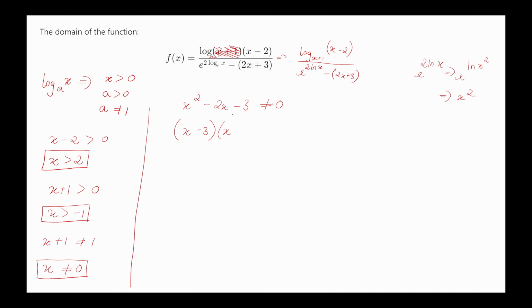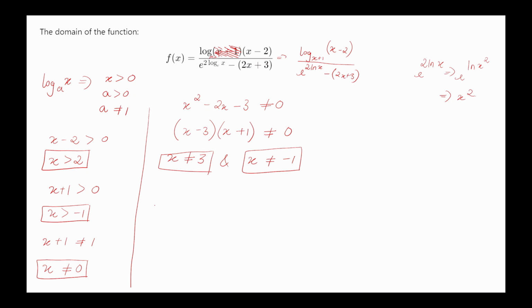So x square minus 2x minus 3, and here I would have plus 1. This should not be equal to 0. That means from here what I can say is that x should not be equal to 3 and x should not be equal to minus 1. So basically these are the 4 portions of domains that I've gotten.